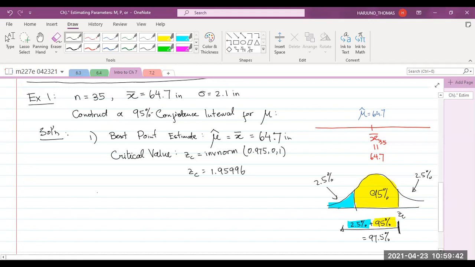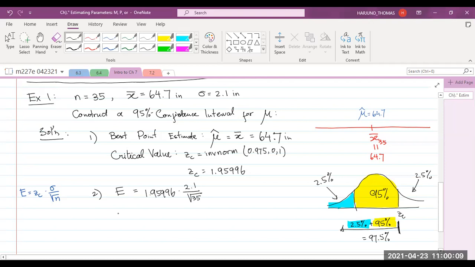Now, step 2, what is the margin of error E? Margin of error is the formula for margin of error. So that procedure there, you want to write it in your cheat sheet. That is the critical value times the population standard deviation over square root of the sample size.